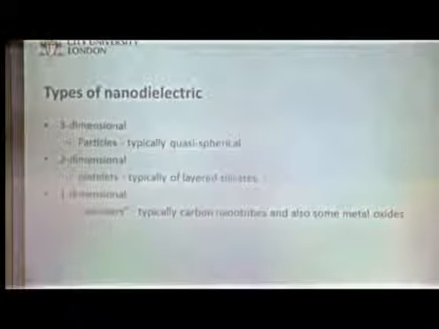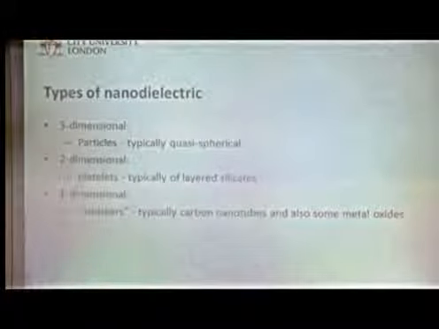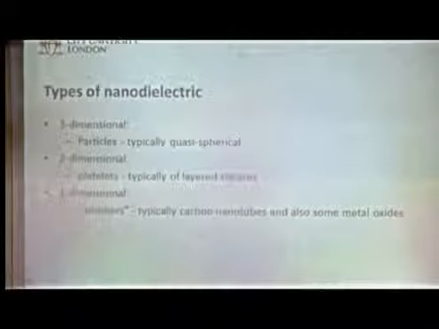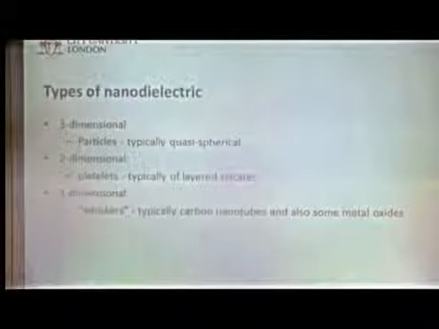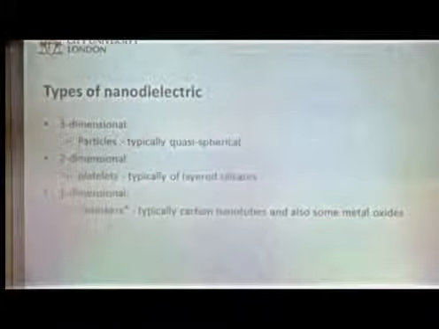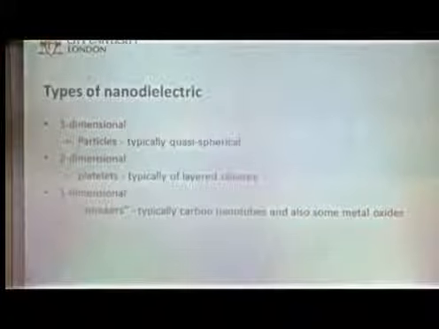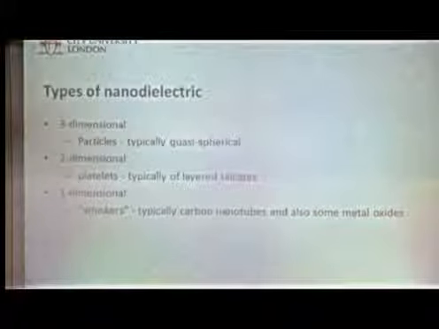So if we think about adding three-dimensional particles, then we're probably talking about quasi-spherical type particles. But we could add nanoparticles that are essentially two-dimensional, so essentially platelets, and typically these might be layered silicates.